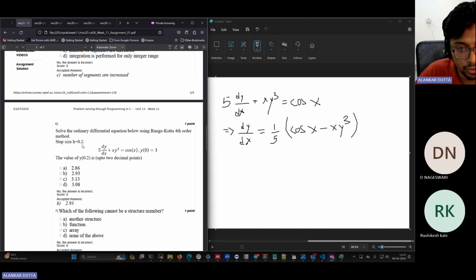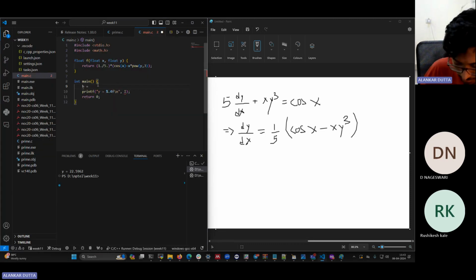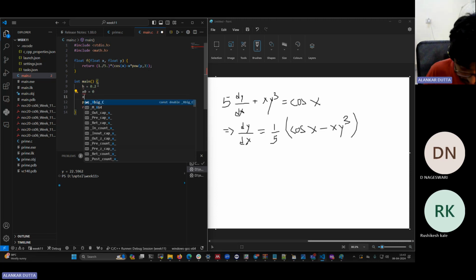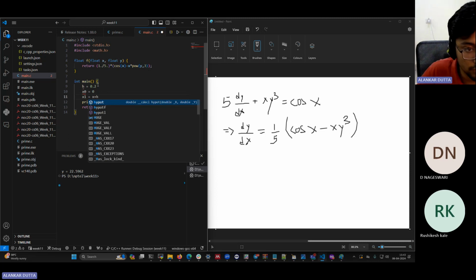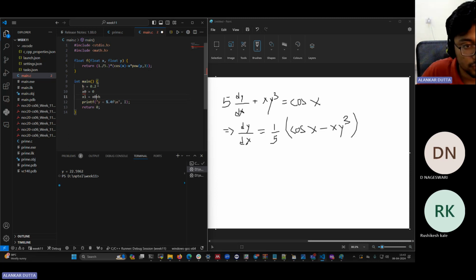So h is 0.2 and x0 is 0, and then x1 is x0 plus h, which is where we want to find out, right? So x0 plus h is where your x1 is, and these will be floats.